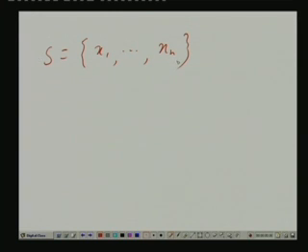So, I repeat again, given a linearly independent set S of n random variables x1, x2 dot dot xn, any subset of that also is linearly independent.